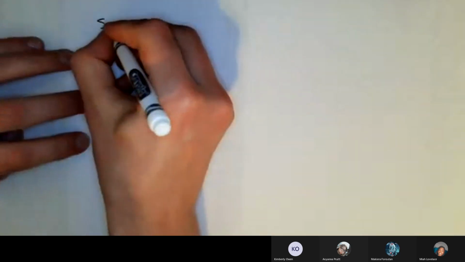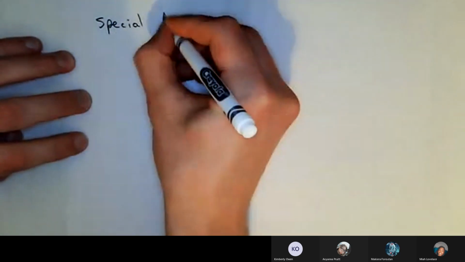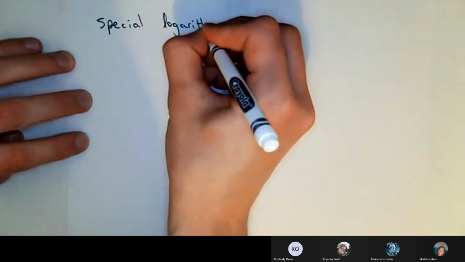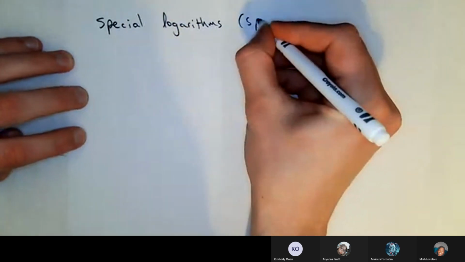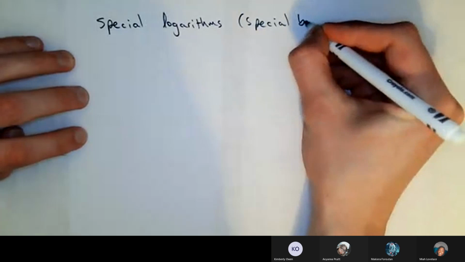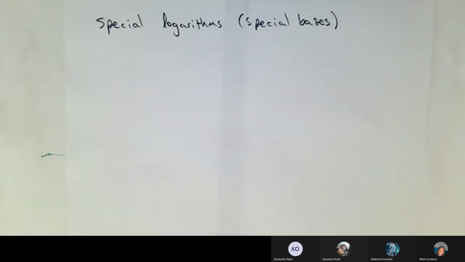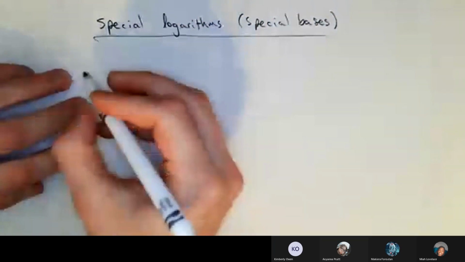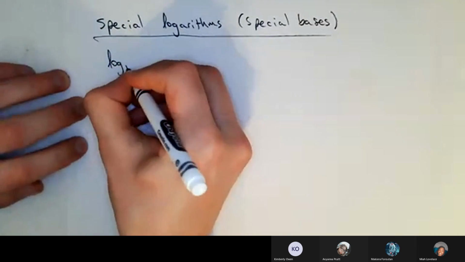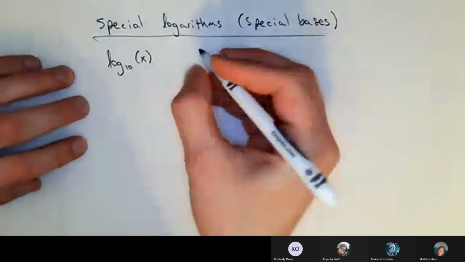So now we want to talk about some special logs. Really, what I mean by special logs is special bases. So special values for a. We have log base 10 of x.